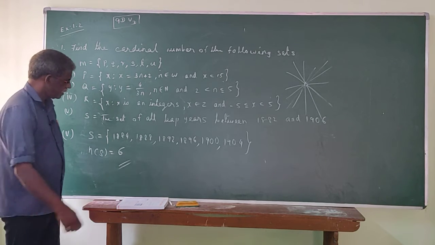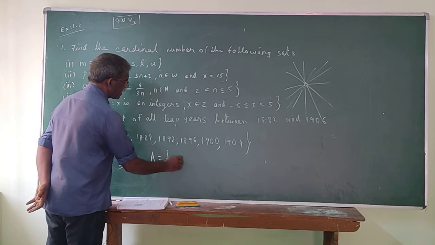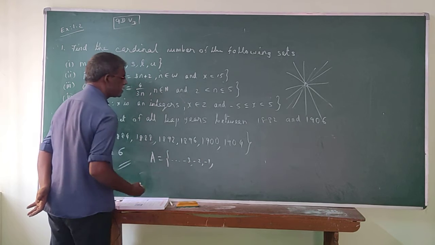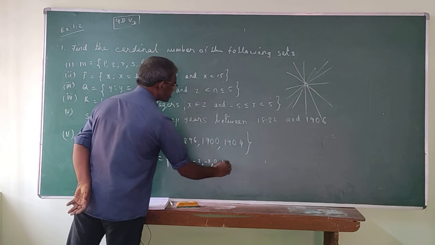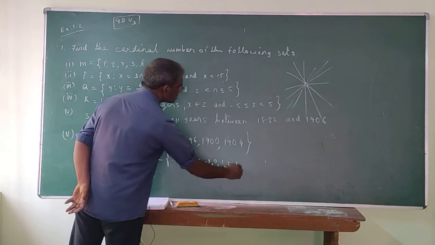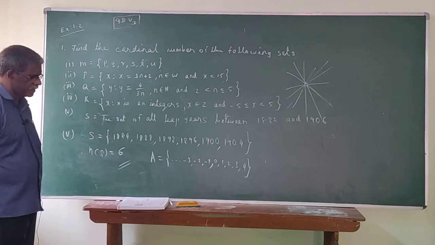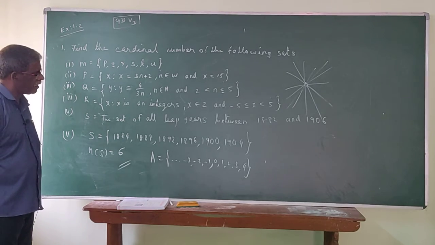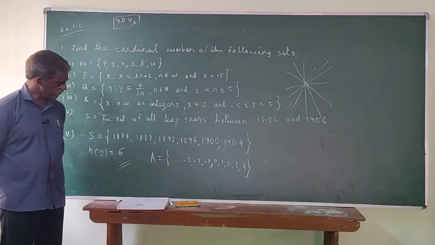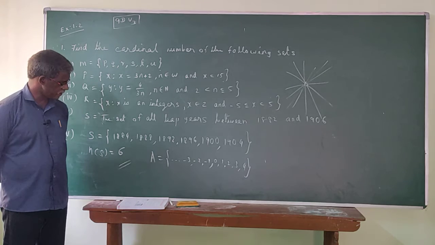That means in this set A is equal to etc., -3, -2, -1, 0, 1, 2, 3, then 4. So in this set there is an infinite number of elements. Therefore set A is the infinite set.